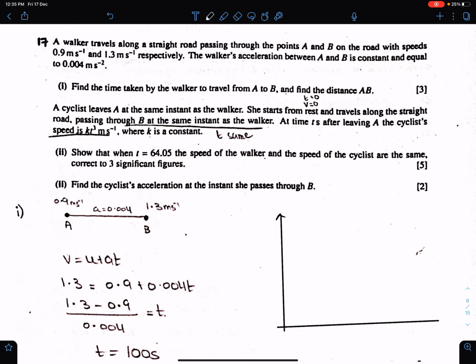Although a sketch is not required, I'm just making it for your conceptual clarity. So the initial velocity is 0.9 and its final velocity is 1.3.